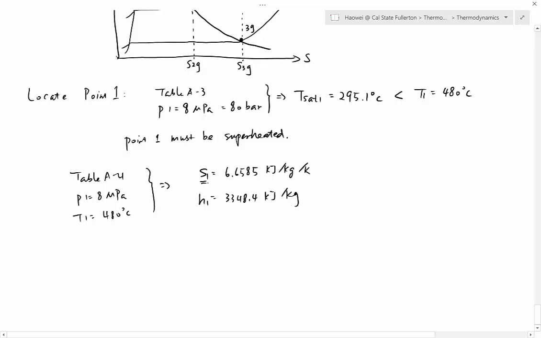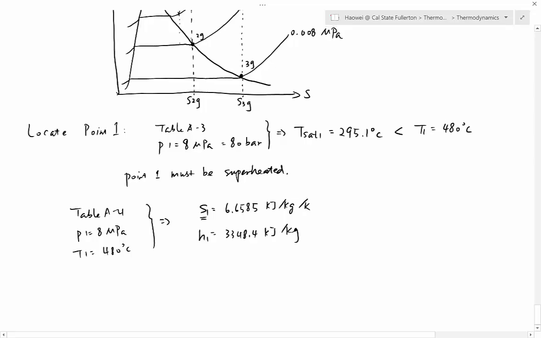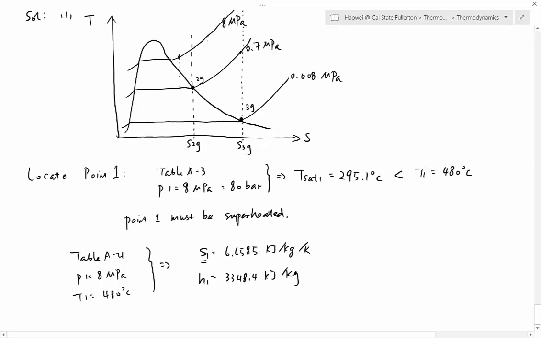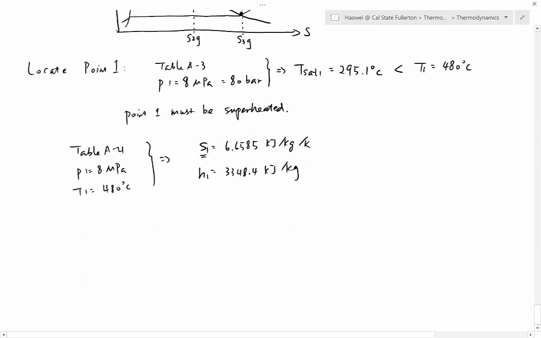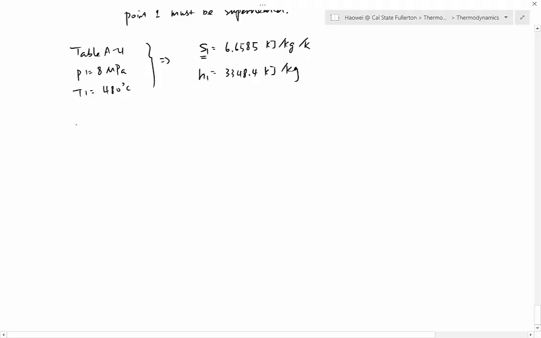Okay, so now we have S1. Next, we look for references S2G and S3G. How do we look for S2G? What do we know about point 2G? We can take a look. Point 2G is on the pressure line, 0.7 megapascal, so we know the pressure. If you start from pressure, you go to table A3.